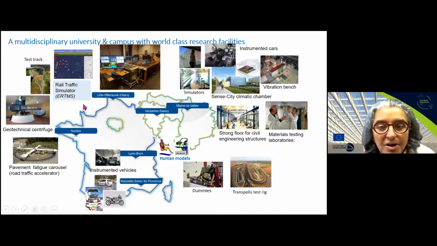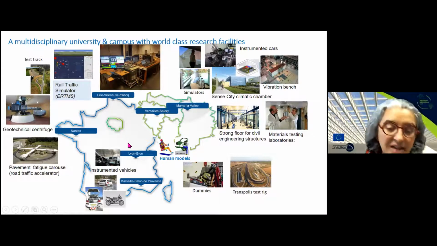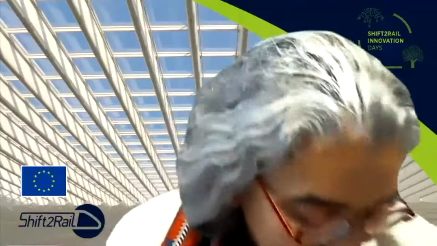And we have a rail traffic simulator. This traffic simulator can be connected to other simulators, and also to other identical simulators, for example in CEDEX and DLR, and we have a lot of collaboration with other institutions at European and international level. So it was just a few words to share with you, because I forgot to present my institution at the beginning.